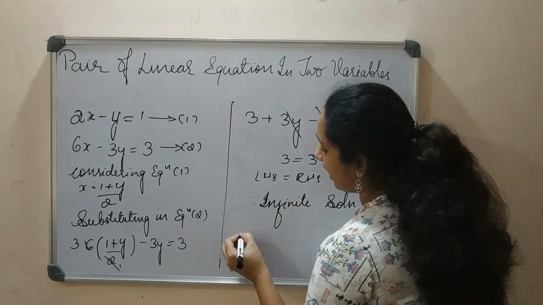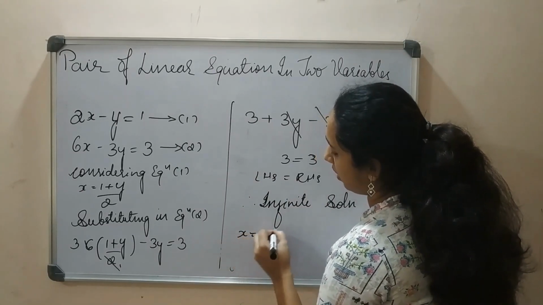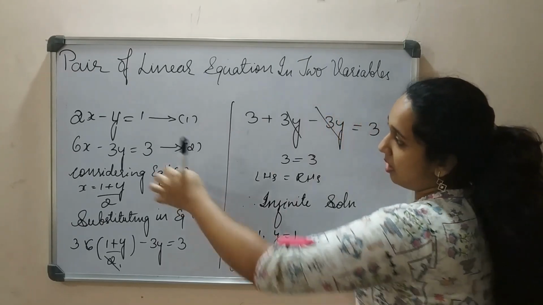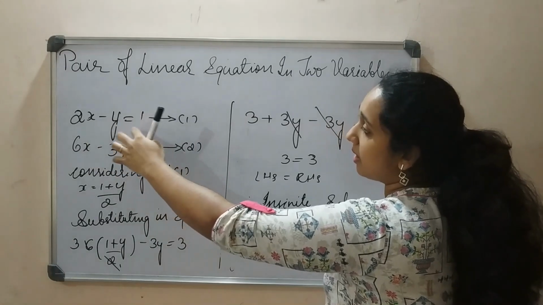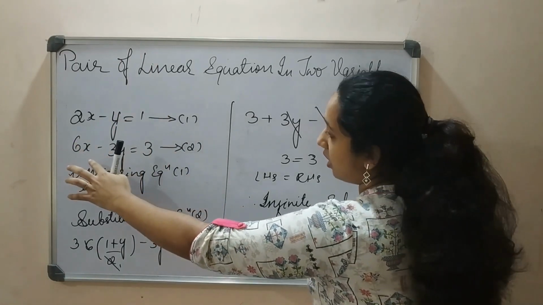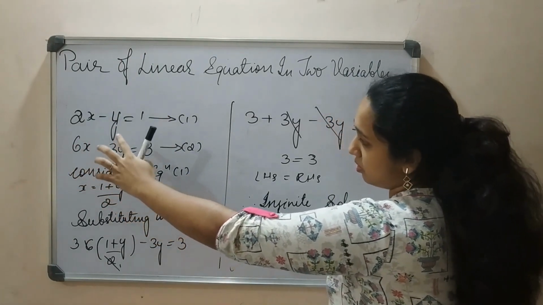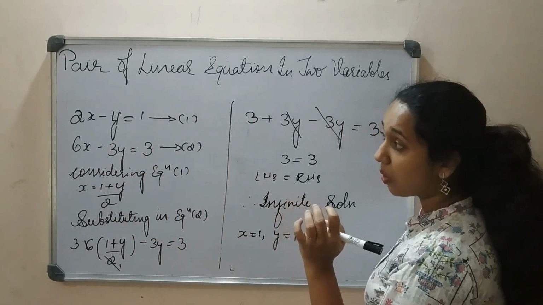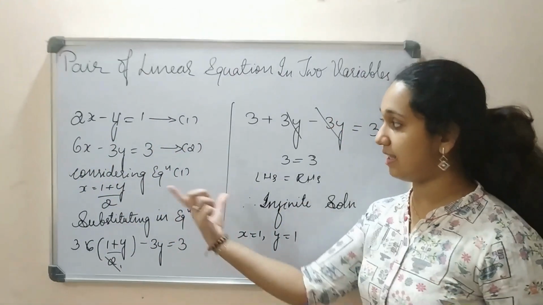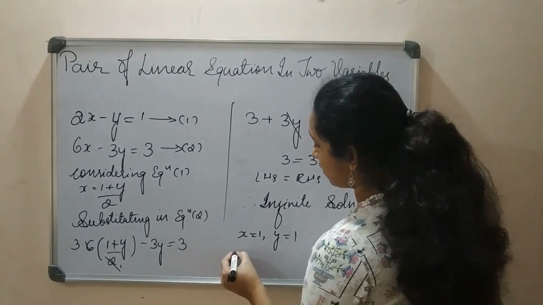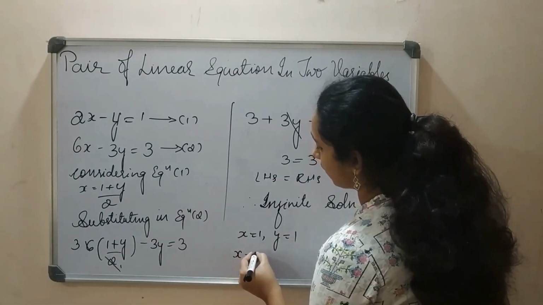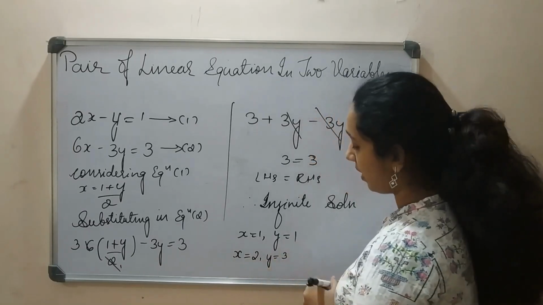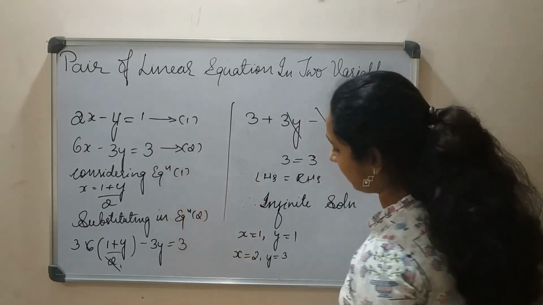If I take x equals 1, y equals 1 and substitute, I will get LHS equals RHS. Here also, if I substitute 1, LHS equals RHS. If I consider another pair of values, x equals 2 and y equals 3, again it will satisfy the equation.